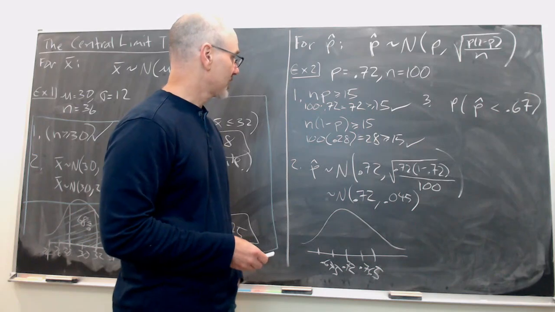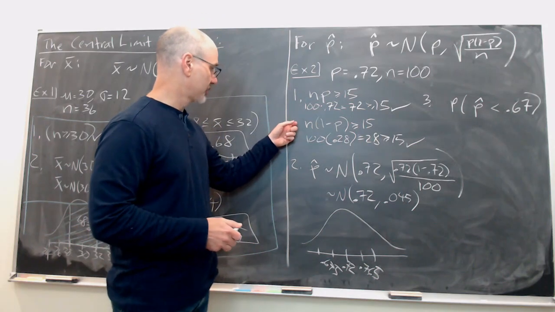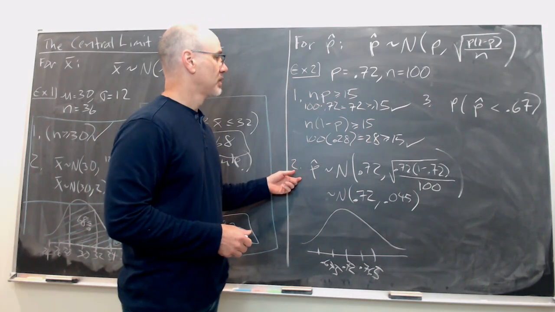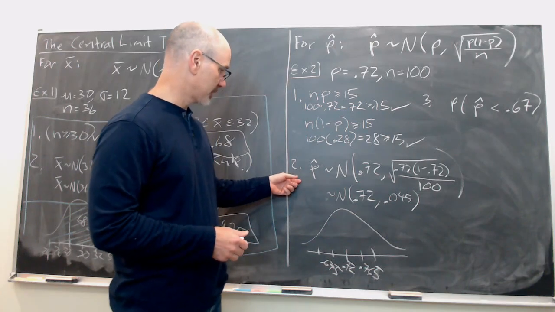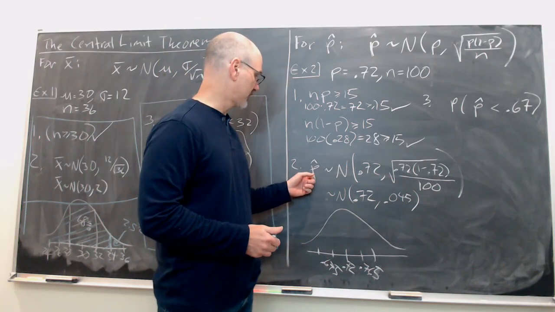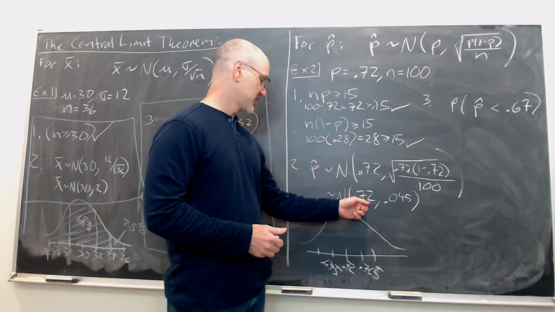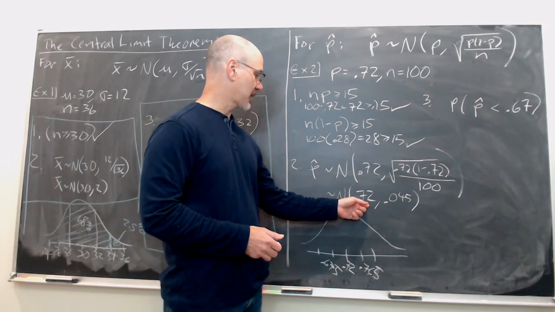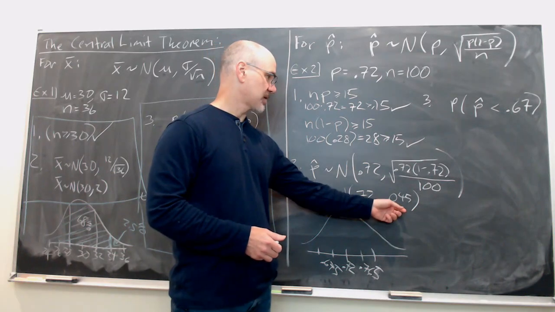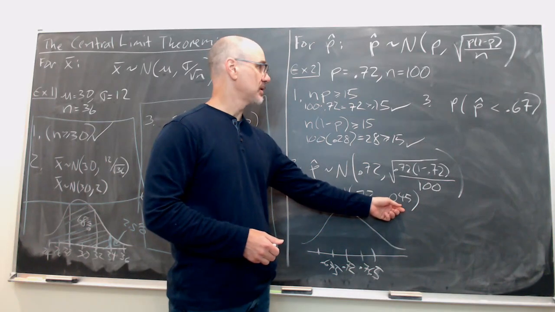But just like in the previous case, what I've done in numbers 1 and 2 is new. I've applied the central limit theorem to get the distribution of a sample proportion, which has to be normal, with the same mean as the population proportion and standard deviation calculated as we just did.